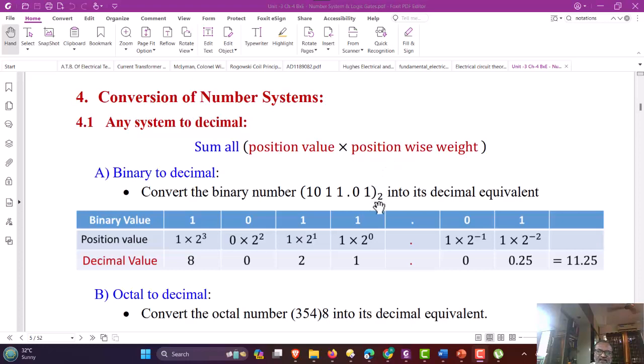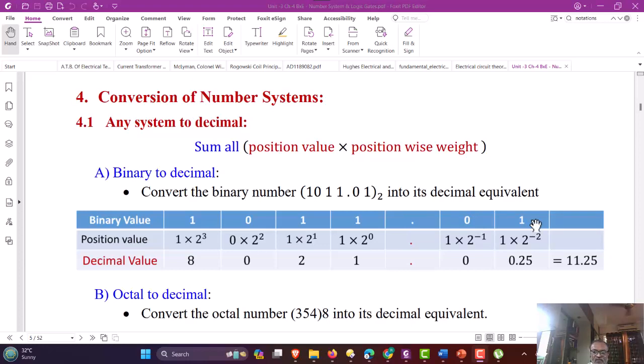In many literature, this will be dropped. But the right convention is to add a suffix 2 to represent the binary number, which we want to convert to the equivalent decimal number. So we have written the binary value here, 1011, then the binary point and 01. This is the input value given to us.